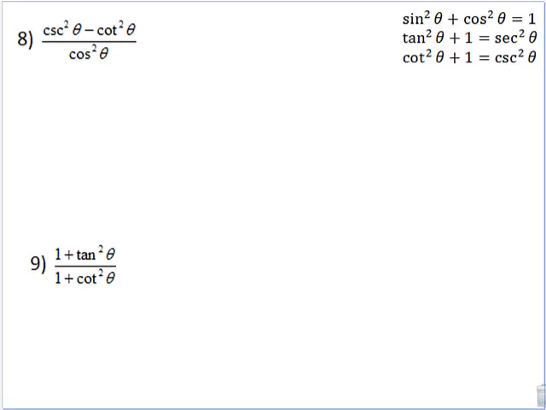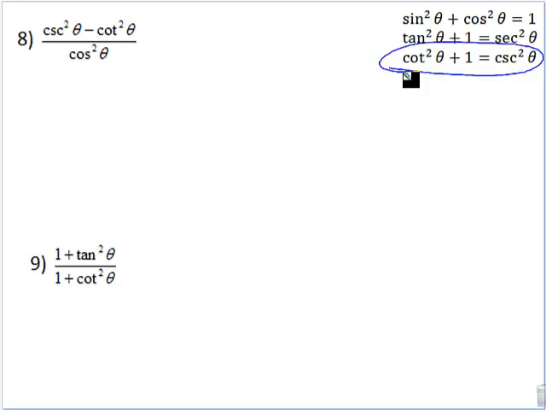So when everything is squared, we want to be thinking of the Pythagorean identities. So our numerator has cosecant of theta and cotangent of theta. Is there one of these identities that also have those two in it? This bottom one. So let's take this bottom one and see if we can somehow rewrite it as cosecant squared of theta minus cotangent squared of theta.